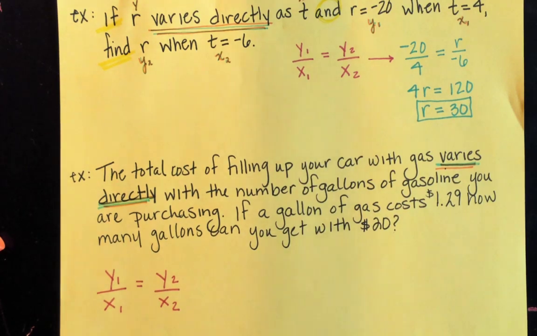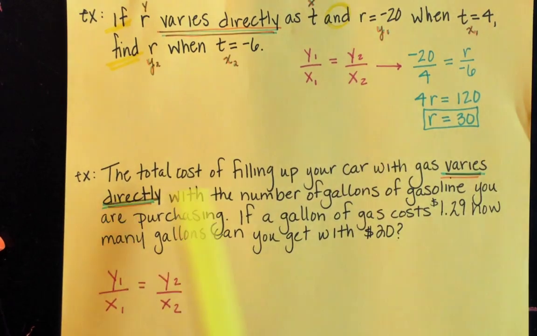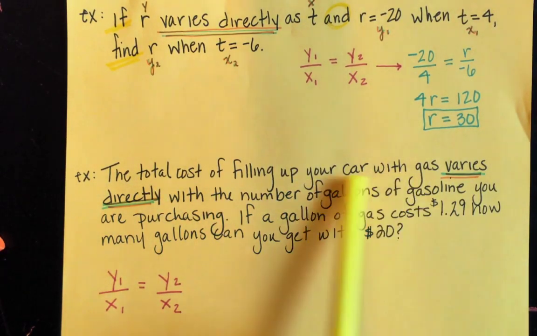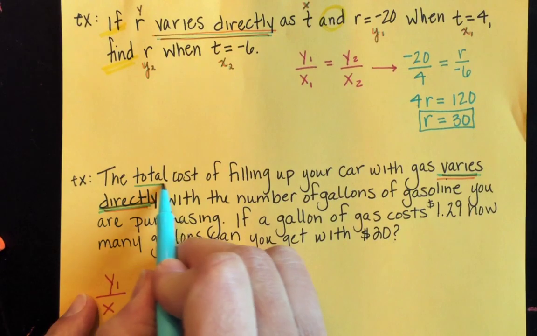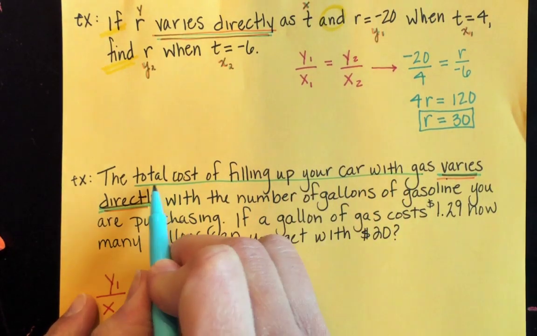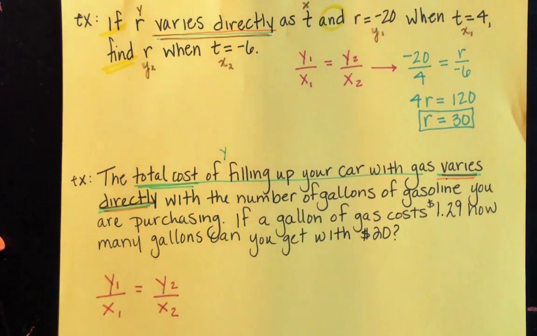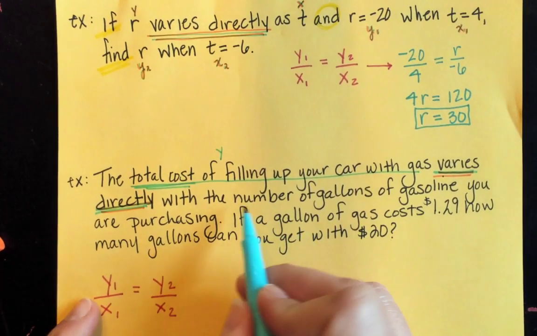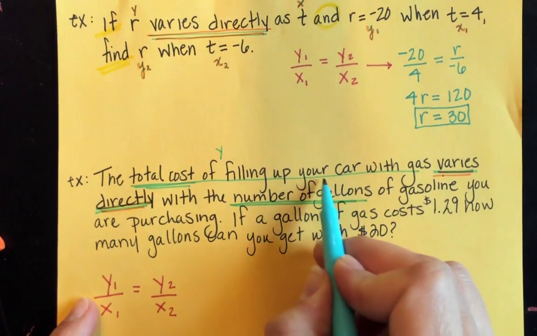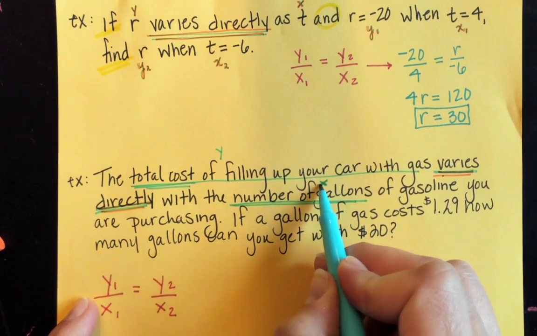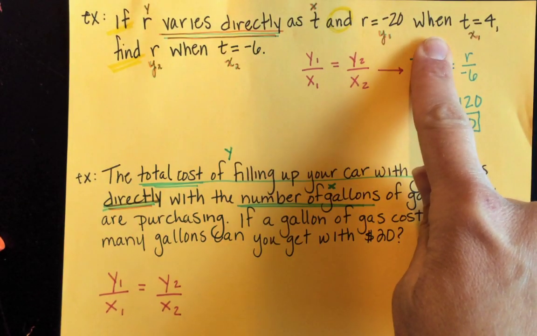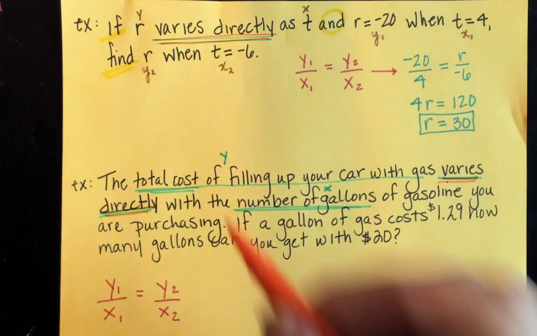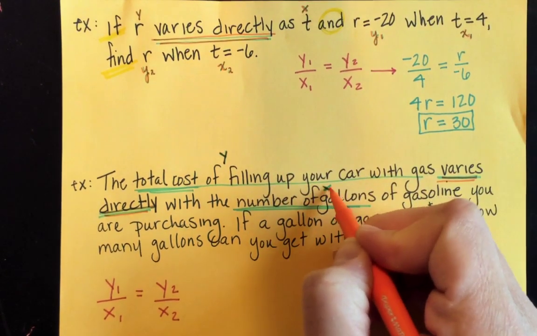Before our phrase varies directly, we have the total cost of filling up your car with gas. So this cost is the y, and the number of gallons is going to be your x. We're doing the same thing as with all of these up here, just labeling our words with our variables.